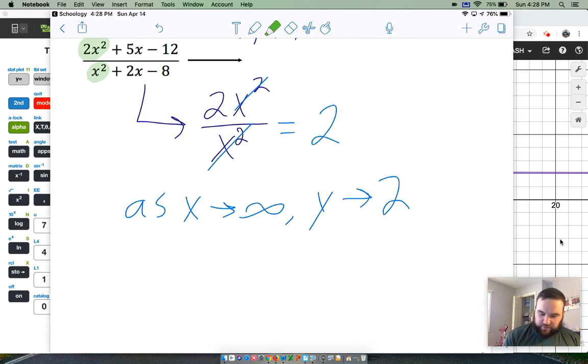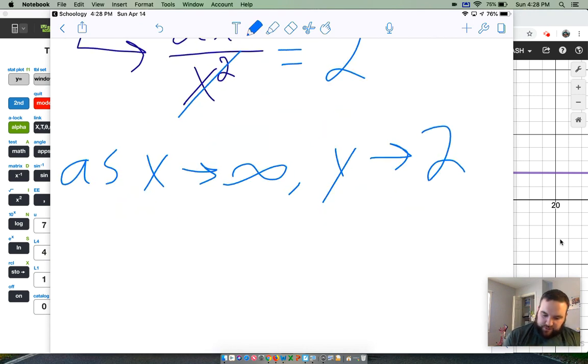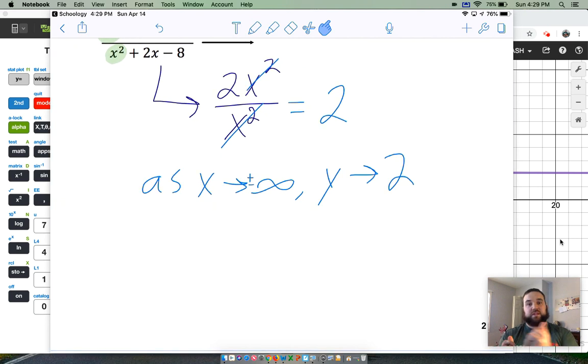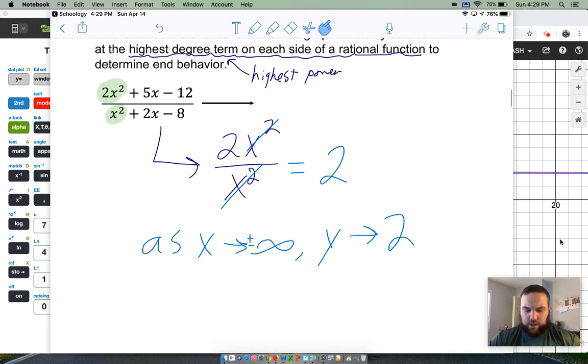Again, we are always going to use infinity here because we are talking about the far outside regions of the graph, and I could also say as x approaches positive or negative infinity. So as I move to the far right, or if I move to the far left, that graph is going to be approaching y equals 2. And that's actually going to be our horizontal asymptote, and we'll get to that in just a second.